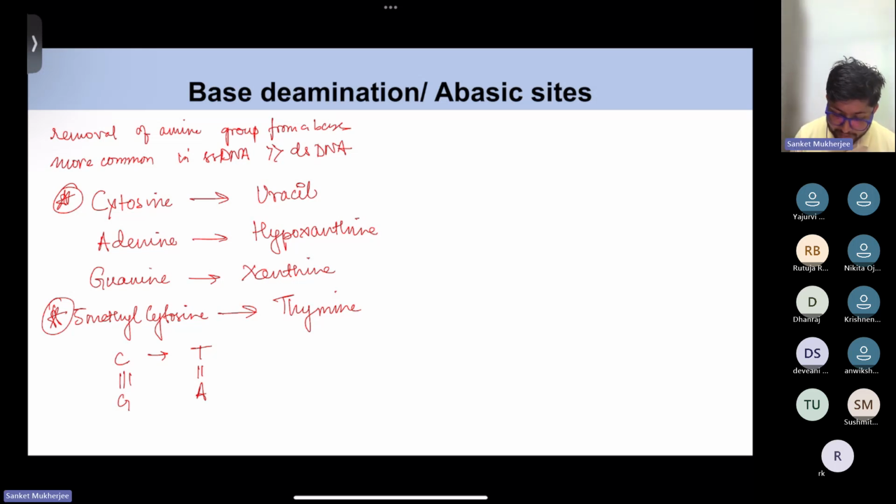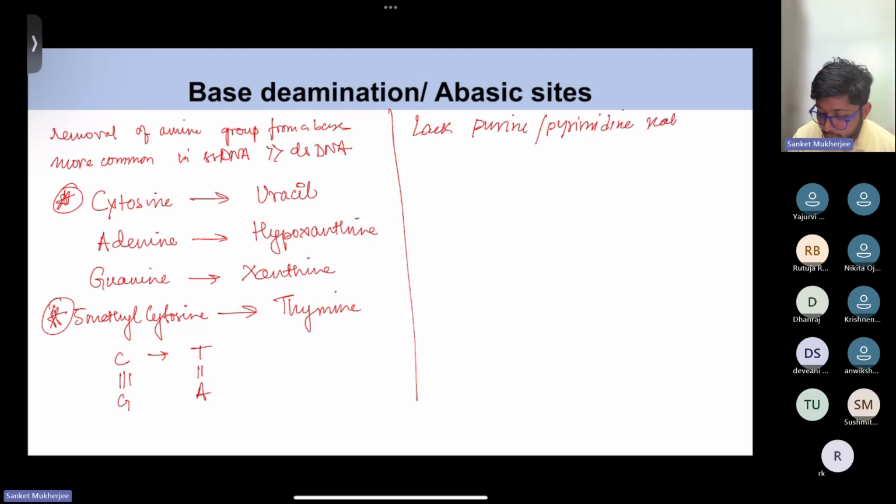Then there is the abasic site. Abasic sites are sites in DNA that lack the purine or pyrimidine, naturally due to DNA damage, right? So how does this happen?